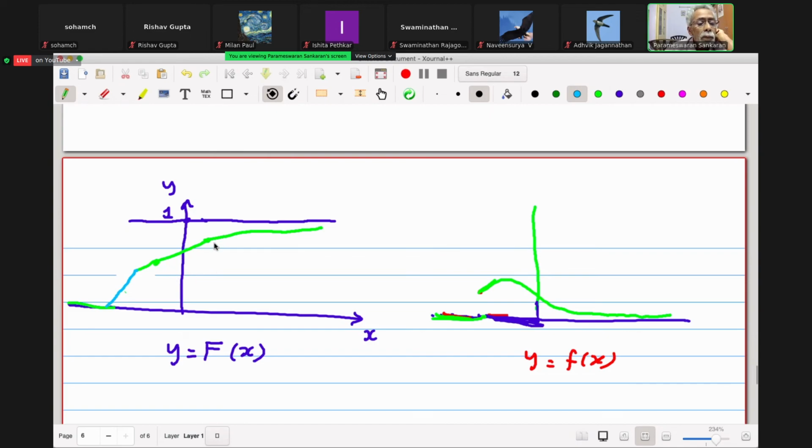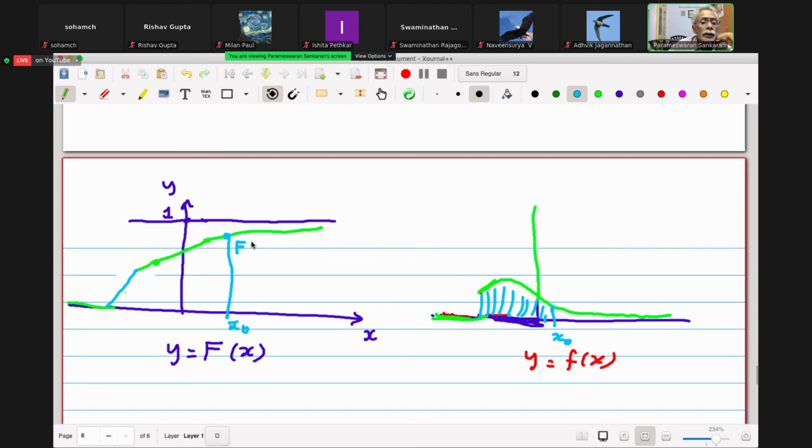Typically at any given point, just look at the value of this function. That's equal to area under the graph. So here let us say x naught, and here is x naught. So area under the graph, it begins to have a graph only from here. This area is exactly the value at this point.